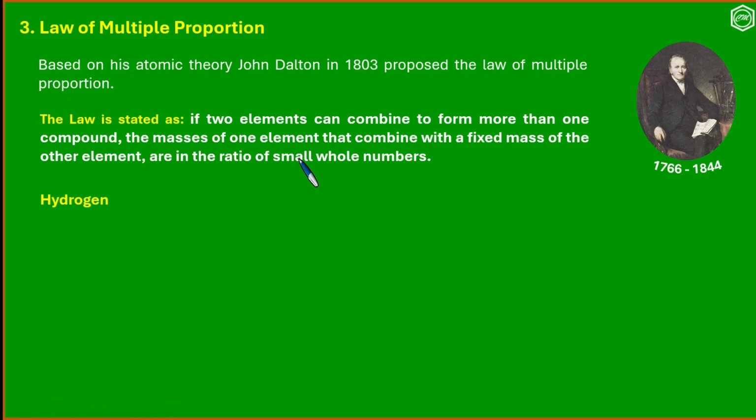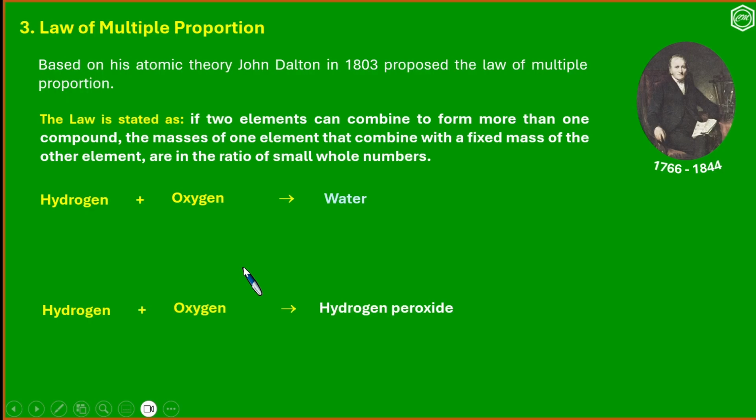As an example, we can take hydrogen and oxygen. Hydrogen and oxygen react together giving water. Hydrogen and oxygen also react together giving hydrogen peroxide. In the formation of water, 16 gram of oxygen combined with 2 gram of hydrogen giving 18 gram of water.